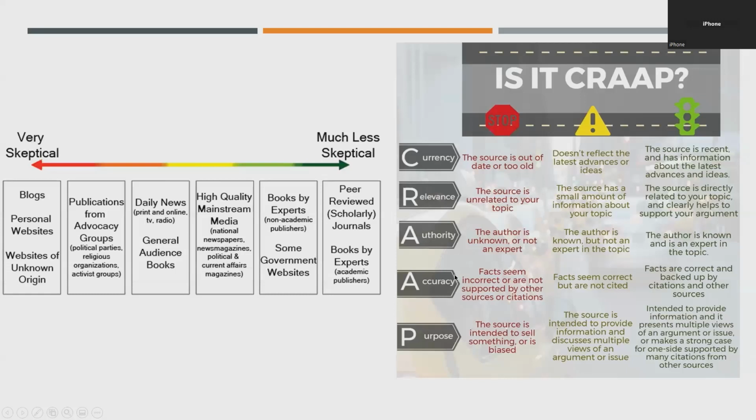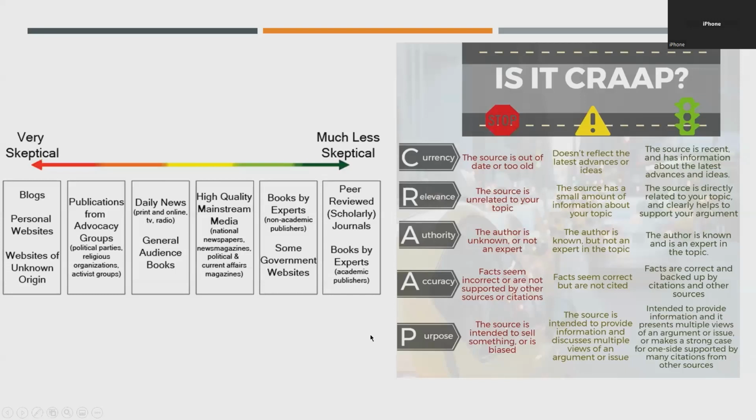How accurate is the source? Does it seem like the information is not correct? Are they not citing their sources? Or on the other hand, does the source seem very logical and it's backed up by citations from other sources? You also want to consider the purpose of a source.